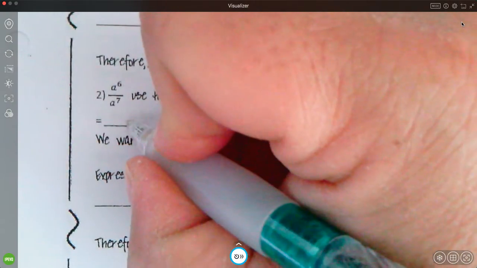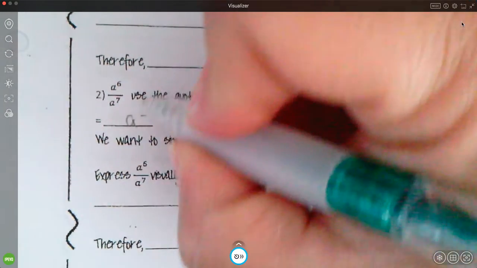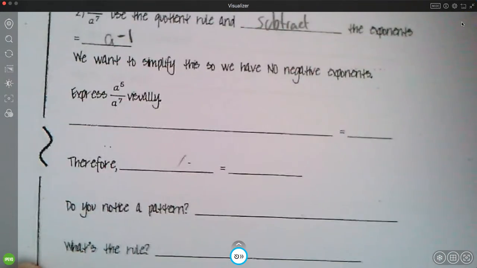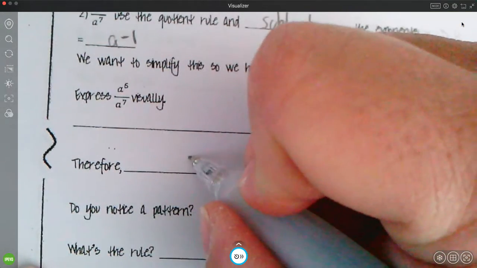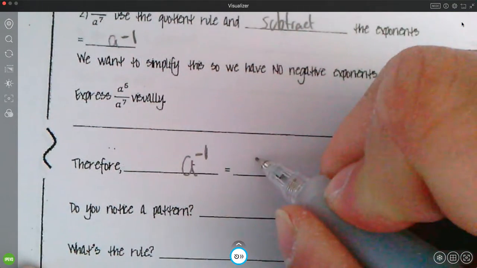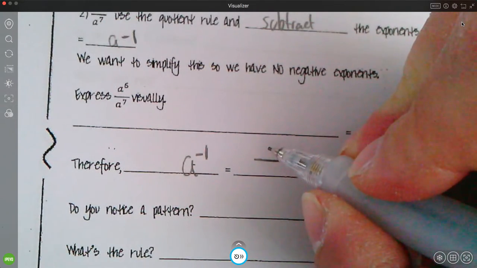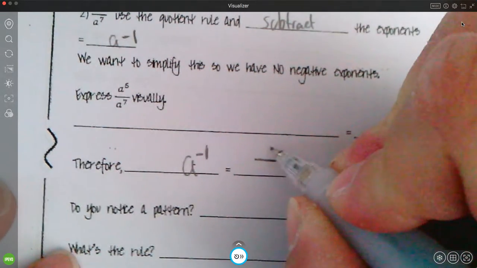And you're left with a to the negative 6 minus 7, which is negative 1. Weird, right? Therefore, a to the negative 1 crosses the line, flip the bar and flip it over the line. Yes, that's the way.